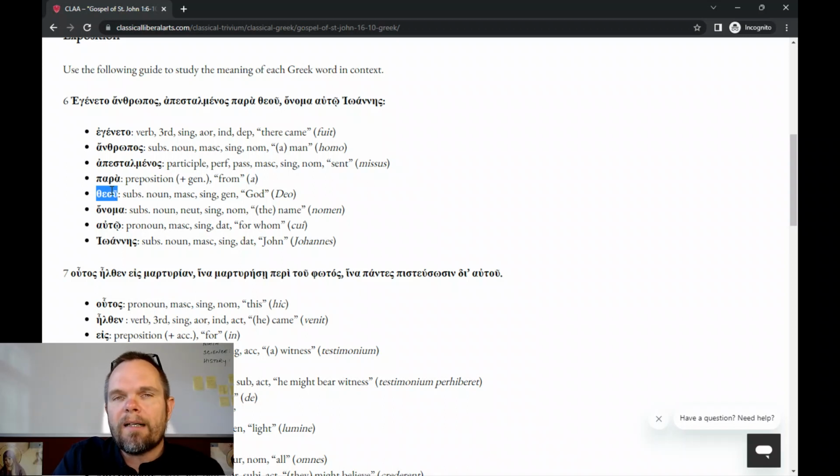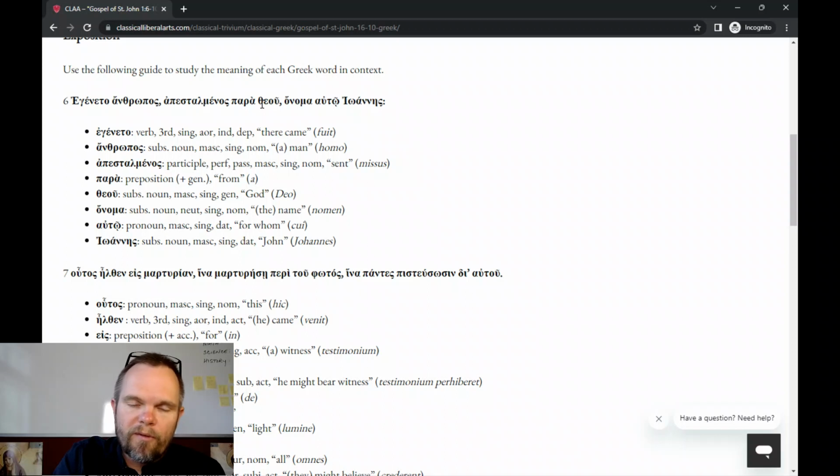So para theou gives us a prepositional phrase. Para here in this passage is translated from. In other passages, you'll see it translated differently, dependent on the context. But here we see para theou is translated from God. Egeneto anthropos, there came a man, apestalmenos para theou, sent from God.